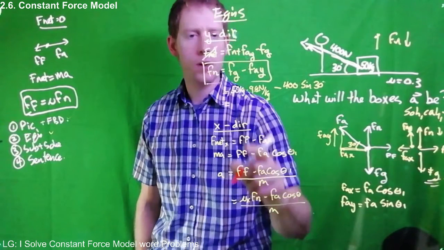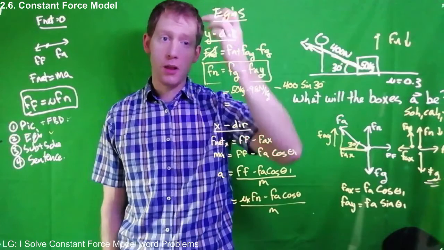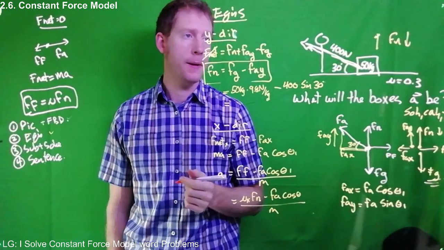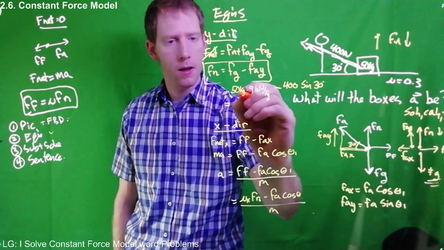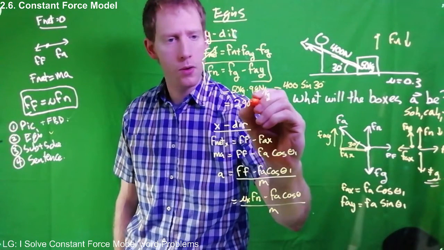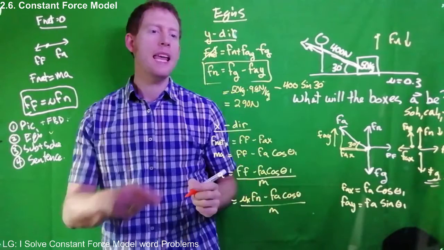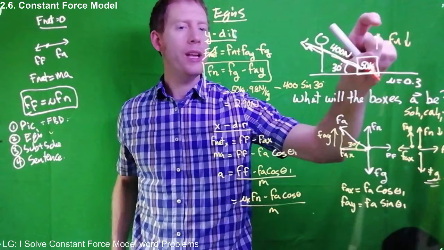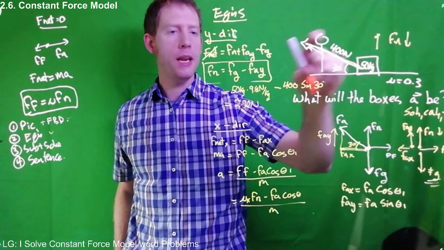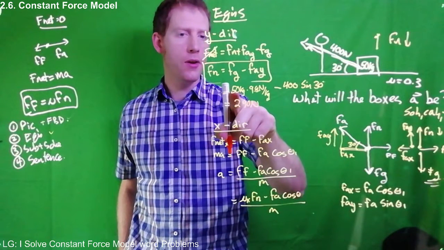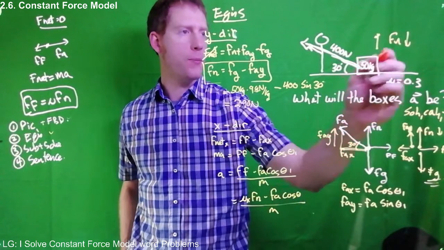Okay, Terry, what do we get for the new normal force? 290 newtons. Now, if I was not pulling up, I would have just 50 times 9.8. What is 50 times 9.8?